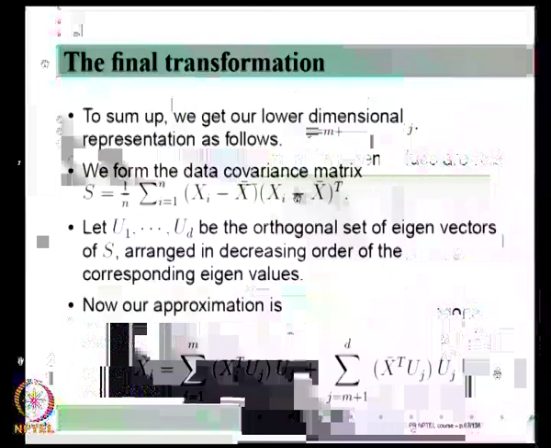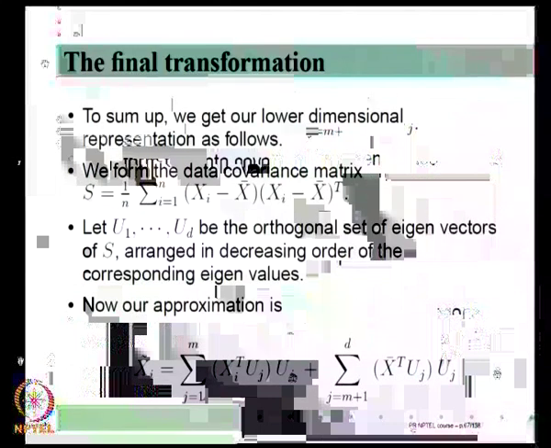From each of the first m terms I subtract x bar transpose uj, and add it back. So I can write xi tilde as the sum over j equal to 1 to m of xi transpose uj minus x bar transpose uj, plus the sum over j equal to 1 to d of x bar transpose uj.